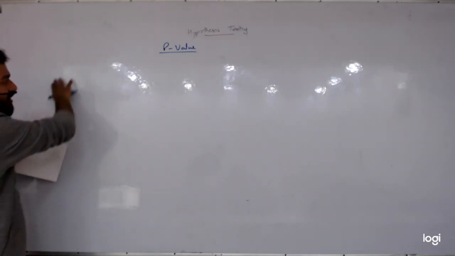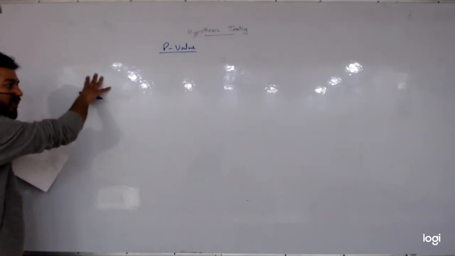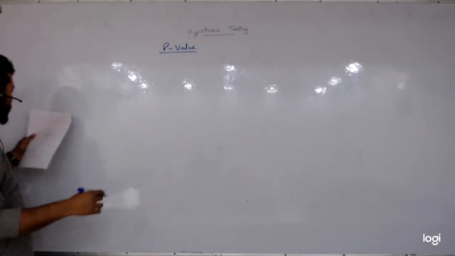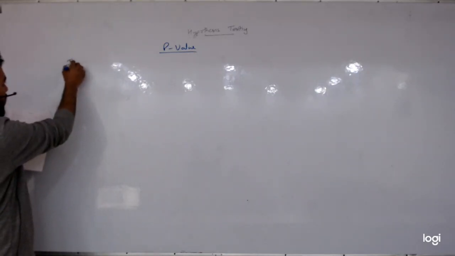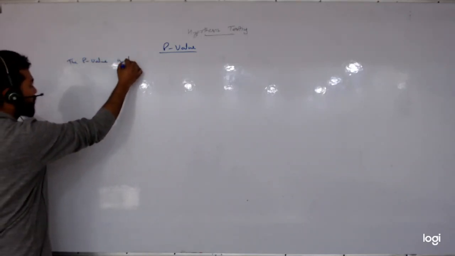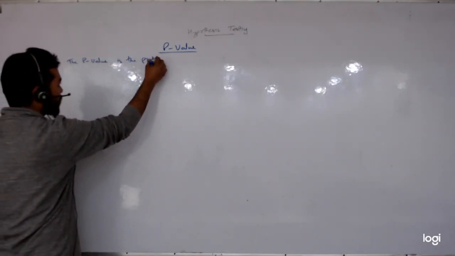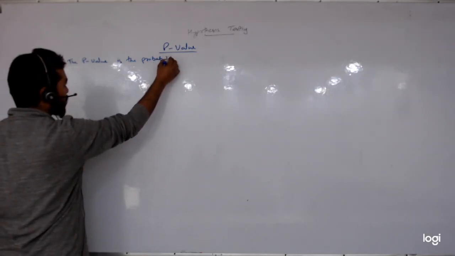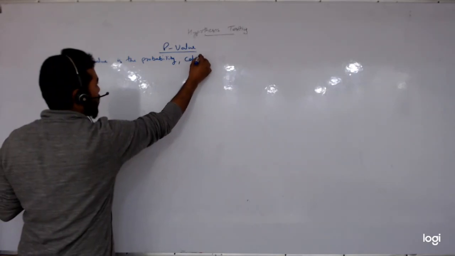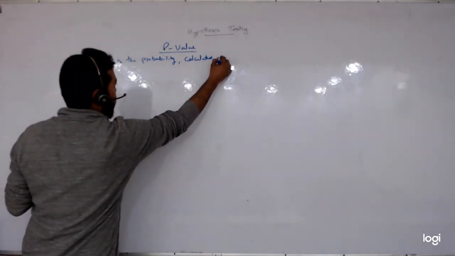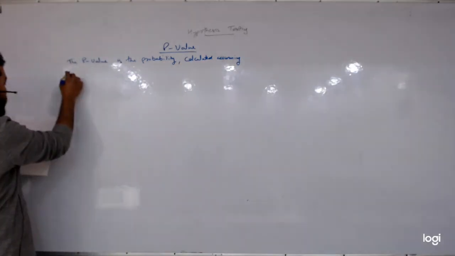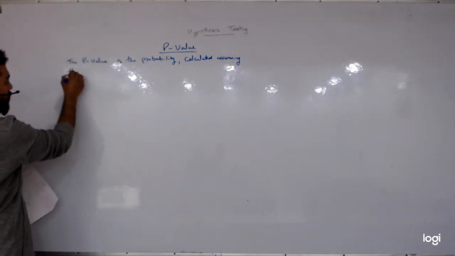Okay, I'm going to write it down so that we can read it multiple times and then we'll relate it to whatever we have to do. The p-value is the probability calculated assuming that the null hypothesis is true.